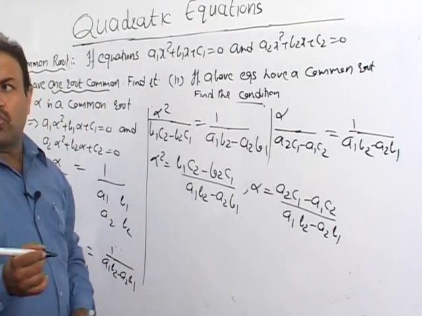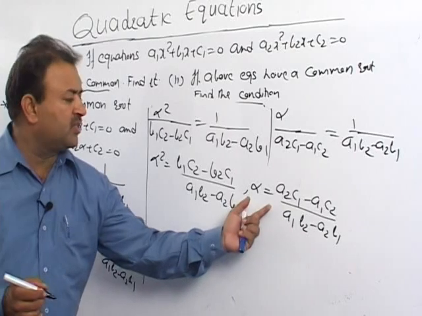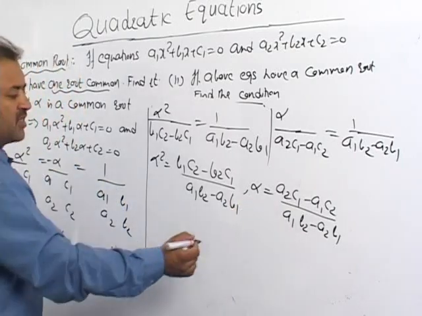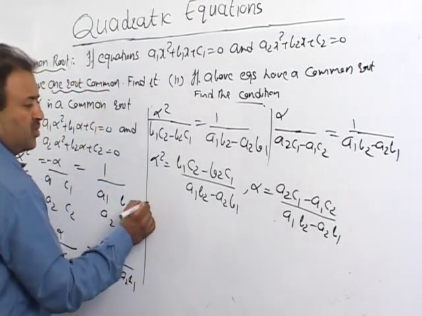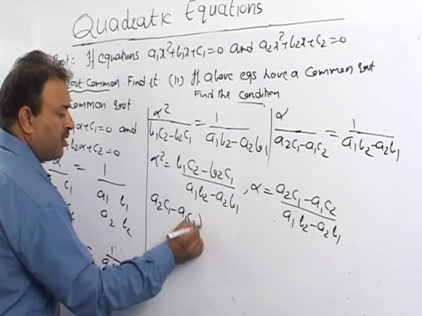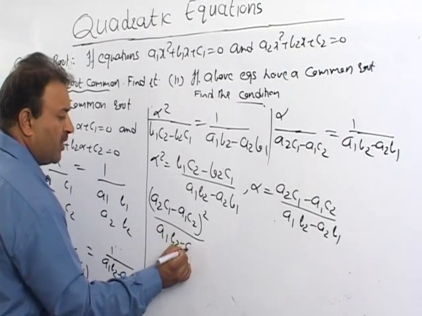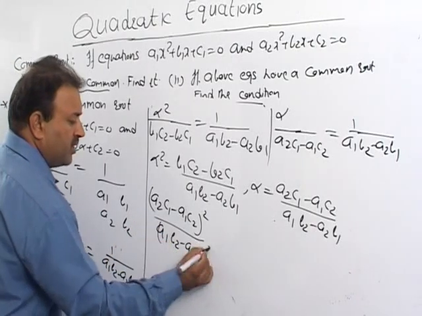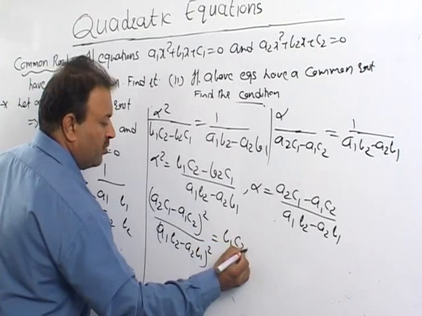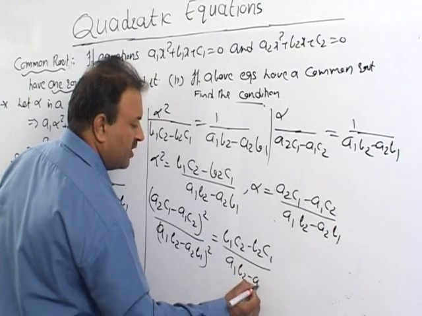Since we are finding the condition, we have to eliminate this alpha. I'll substitute alpha over here. So we get a2 c1 minus a1 c2 the whole square upon a1 b2 minus a2 b1 the whole square, equal to b1 c2 minus b2 c1 upon a1 b2 minus a2 b1.